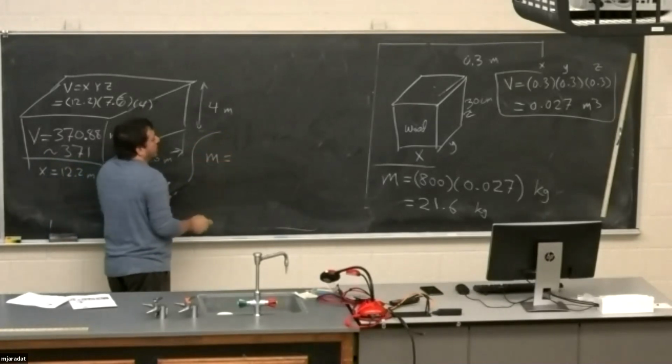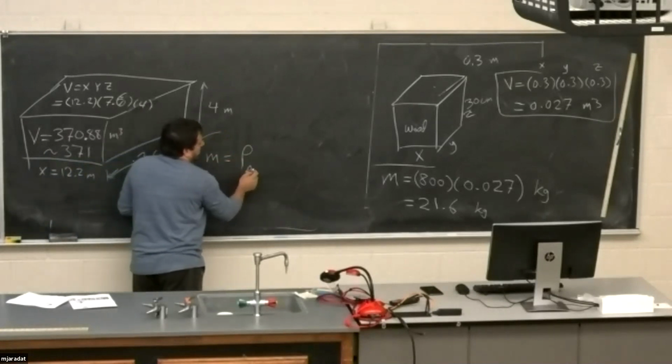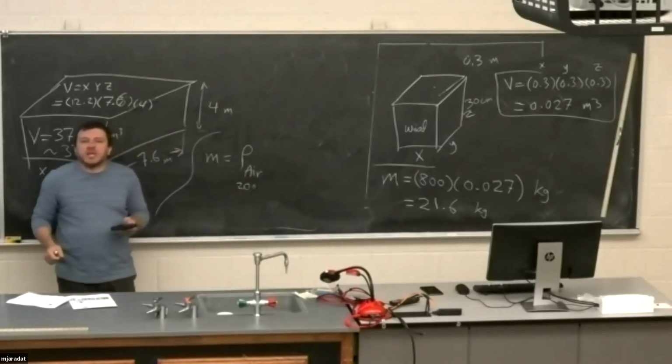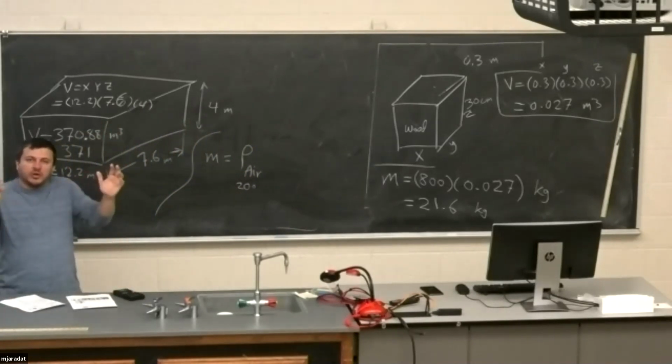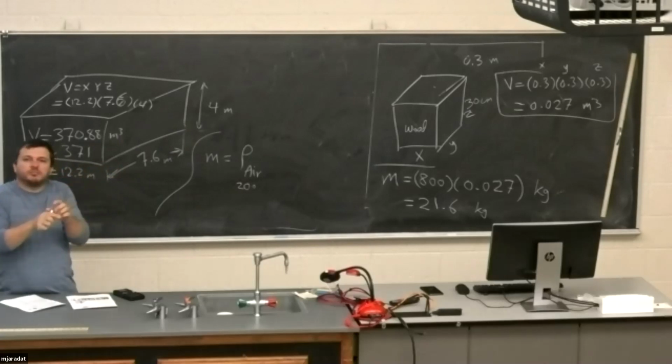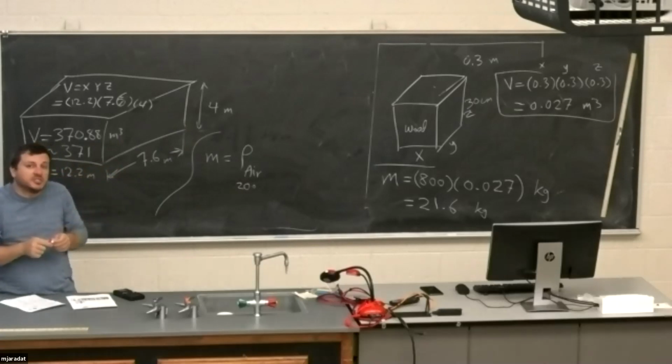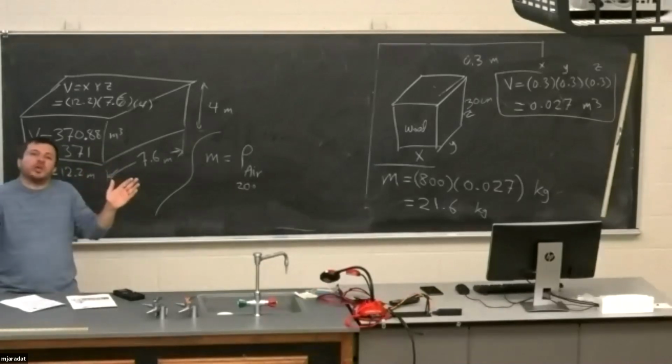It is equal to the rho of air at 20 degrees. If we change the temperature of the material, it will expand or contract, and this will change its density. This will affect gases more than solids and liquids.